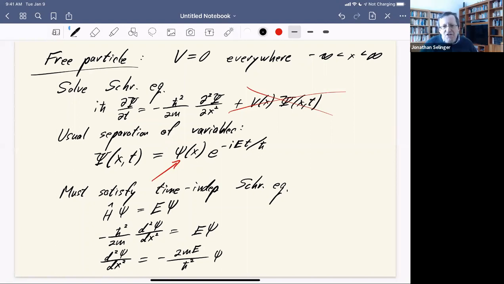This is a differential equation that we've seen lots of times before, where solutions are sines and cosines, or we could say the solutions are complex exponentials.